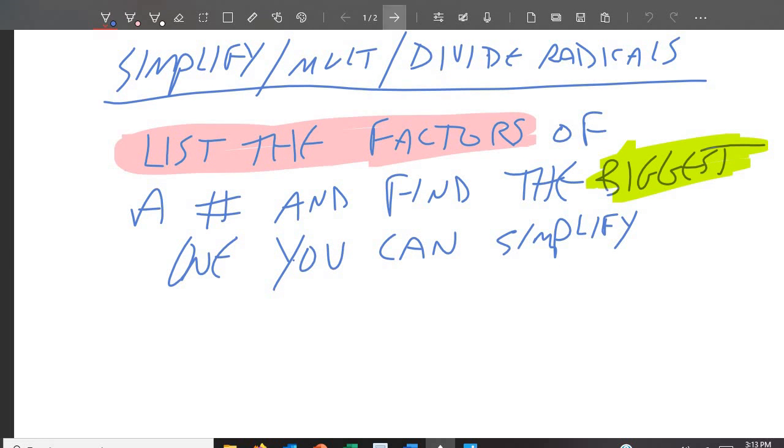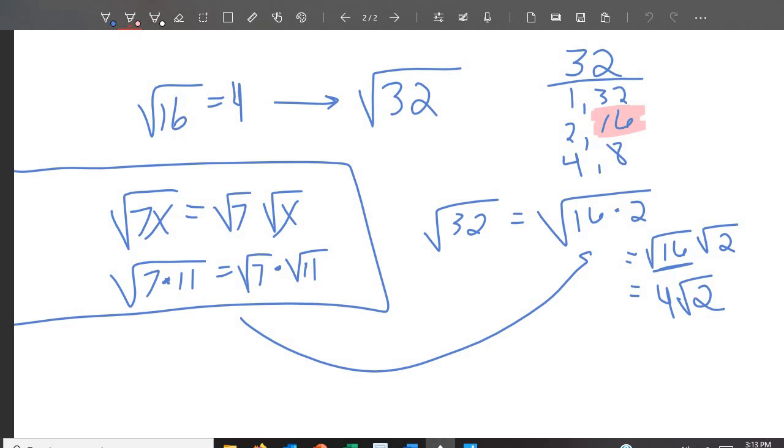So we take the square root of 16, which is 4, but we leave the 2 under the radical sign, and so our answer is not very nice. It's got a nice number, but then it's got a square root behind it.